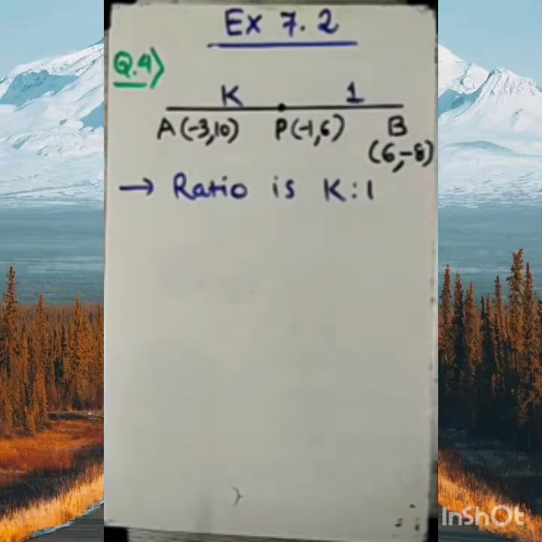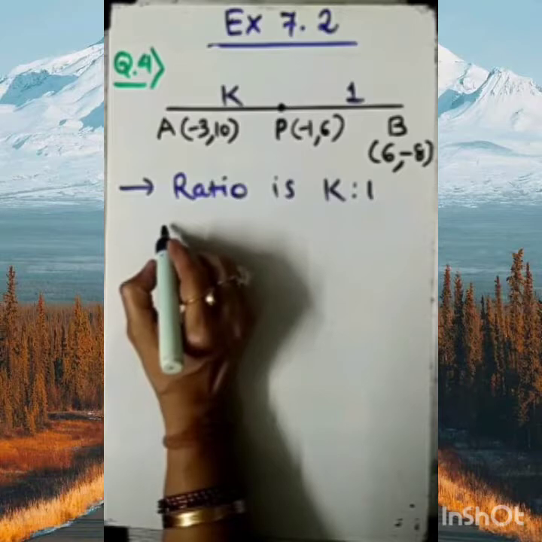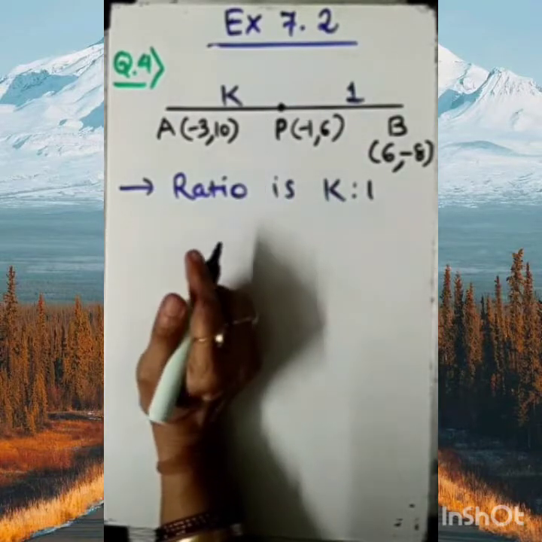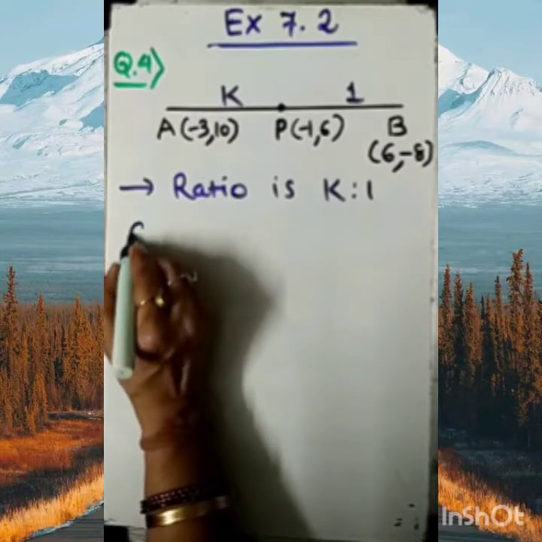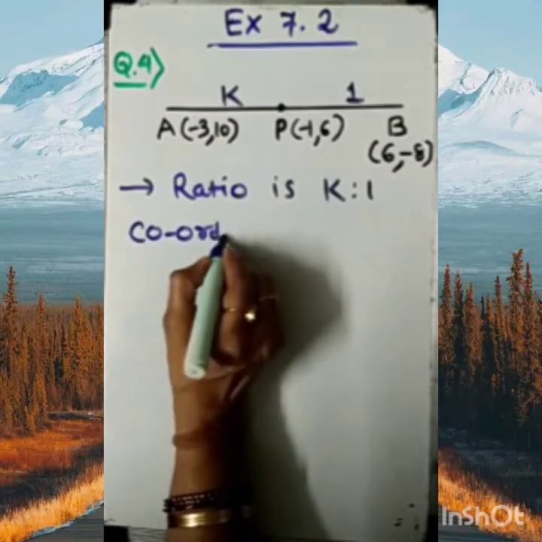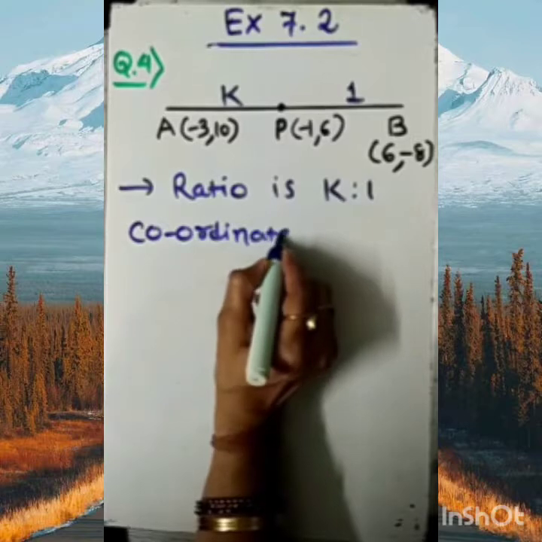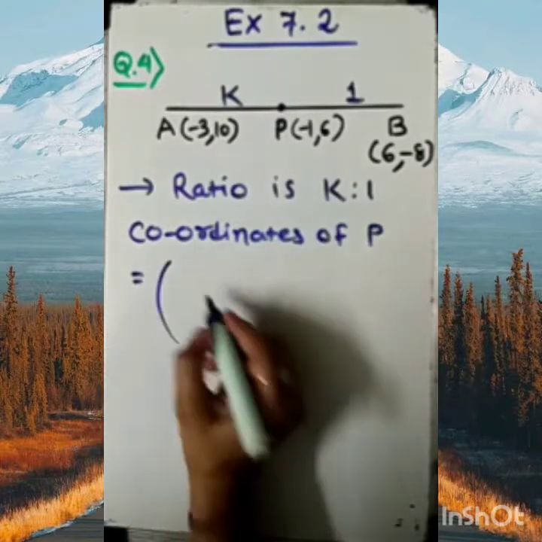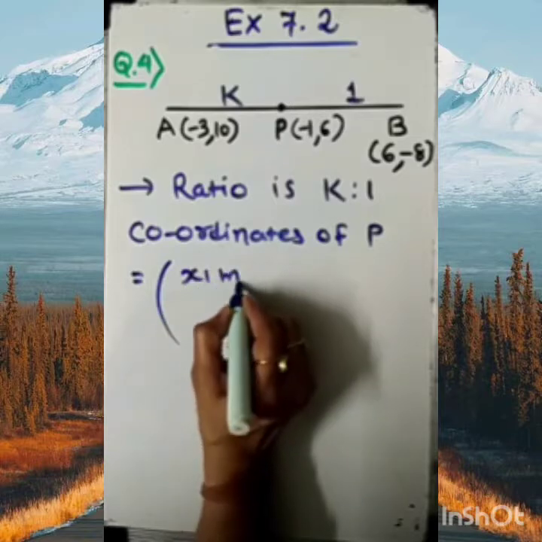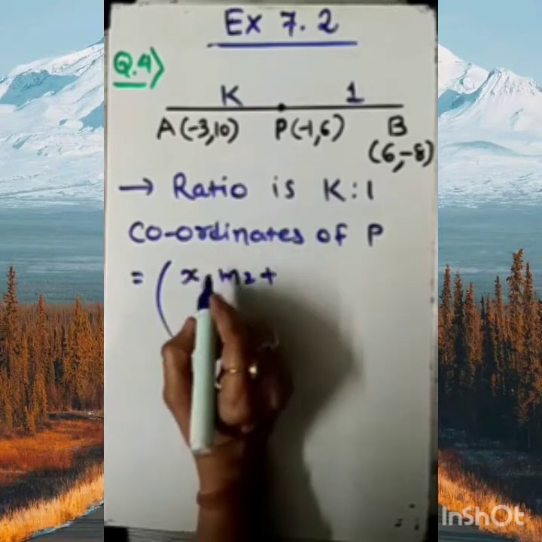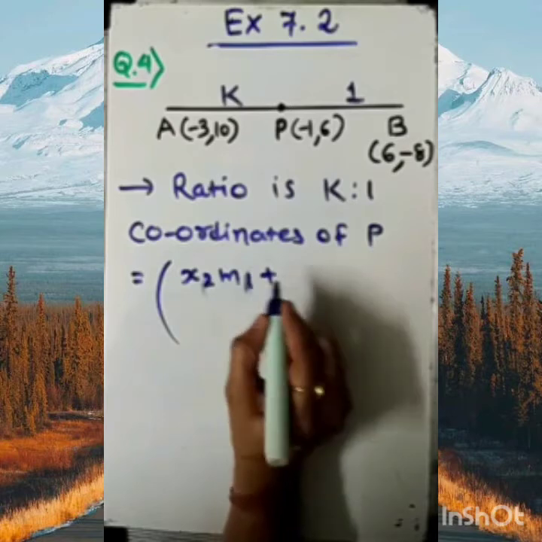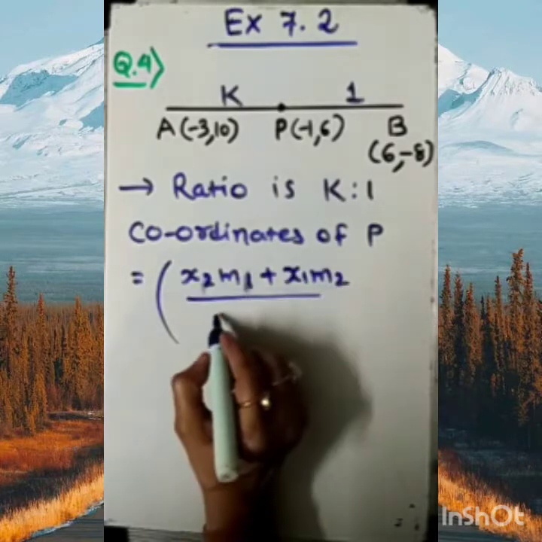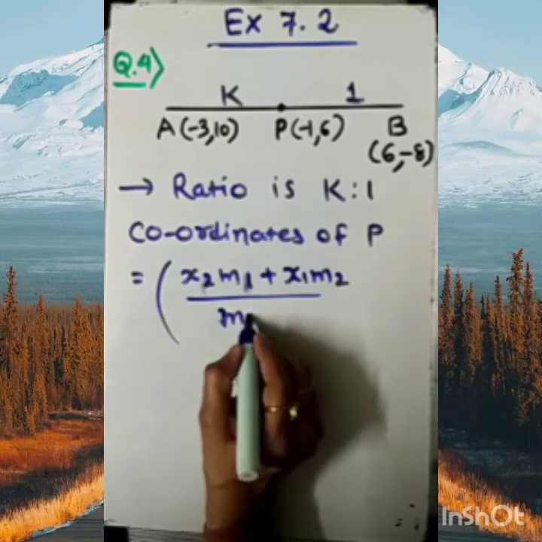Clear? Now, as we are comparing the coordinates, we apply the section formula. For the coordinates of point P, how to find that we know very well: x2 m1 plus x1 m2, over m1 plus m2.